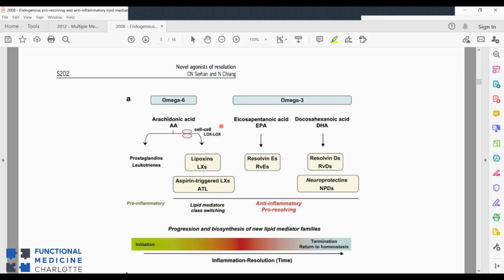Research has found that if you take NSAIDs right away or early on in the inflammatory process, then they are helpful and can help put out fires. But if you take them too late in the process, they've actually been found to be what's called resolution toxic.